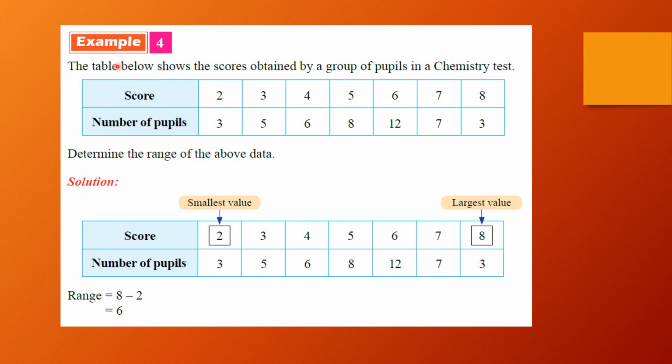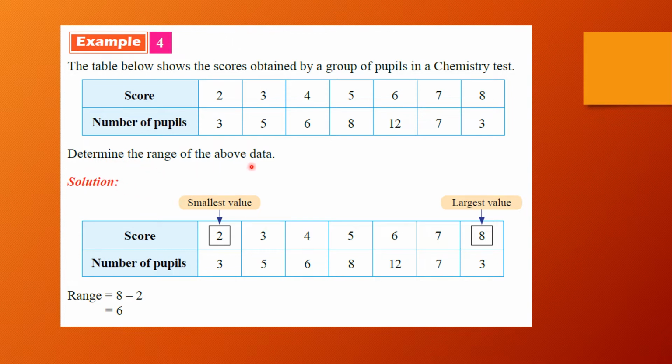Next, we look at example 4, also at page 219. The table below shows the scores obtained by a group of pupils in a chemistry test. Score 2 got 3 pupils, score 3 got 5 pupils, score 4 got 6 pupils, score 5 got 8 pupils, score 6 got 12 pupils, score 7 got 7 pupils, and score 8 got 3 pupils.